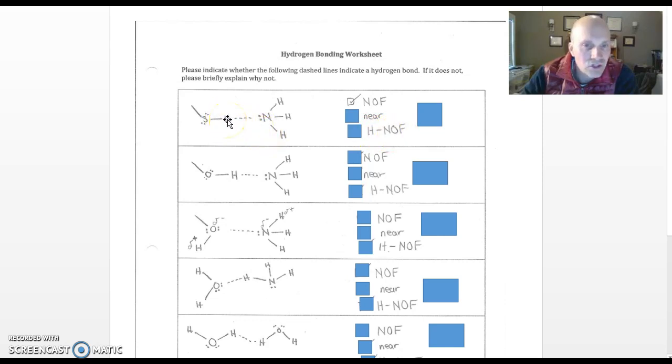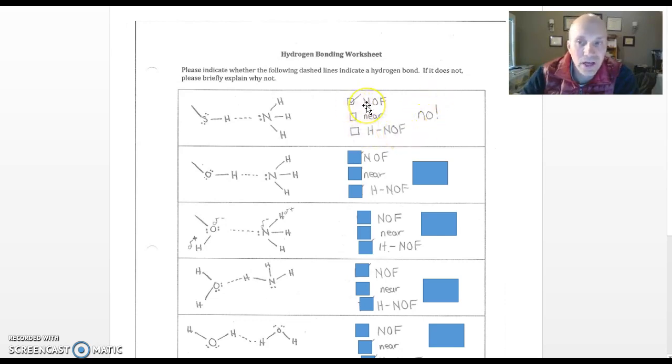Well, we've got a hydrogen over here that it's close to, but it's bound to a sulfur. So it's not one of those three elements that is needed for hydrogen bonding. We can't check those boxes. Therefore, since we can't check all three of those, the answer would be no.